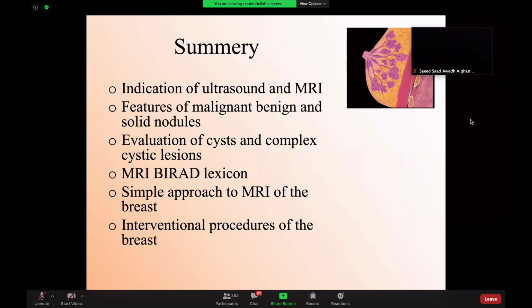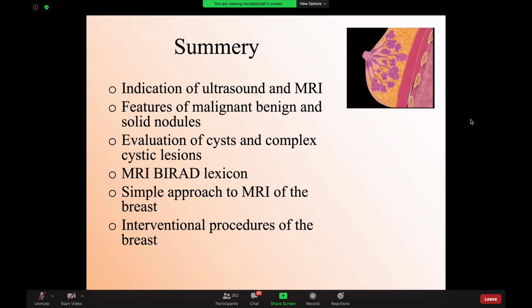Okay. Dr. Sarah asking, what do we need to know about breast elastography? You need to know the type of breast elastography. So there is the shear wave elastography and the strain elastography, the two types. You need to know what is the added value of elastography.